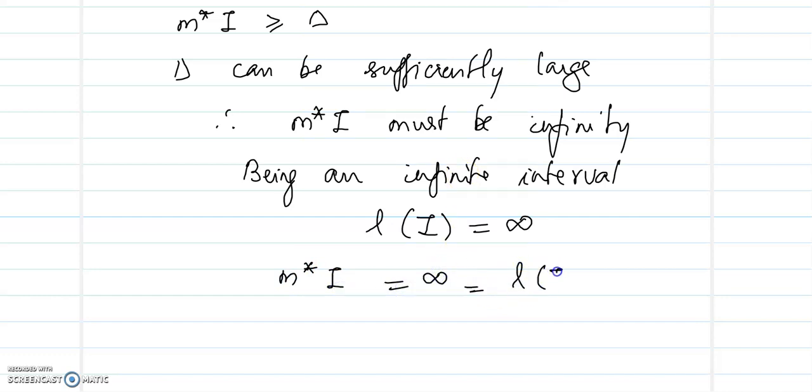So that is again equal to length of I. So that will give again M star of I equal to length of I, which is our required result. So when I is an infinite interval, we are getting M star of I equal to length of I. So this completes our proof.